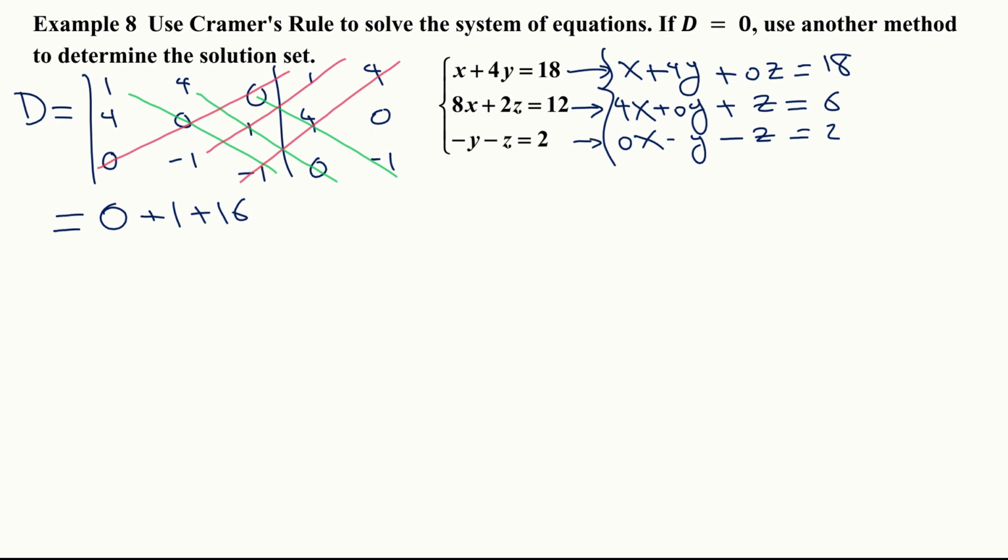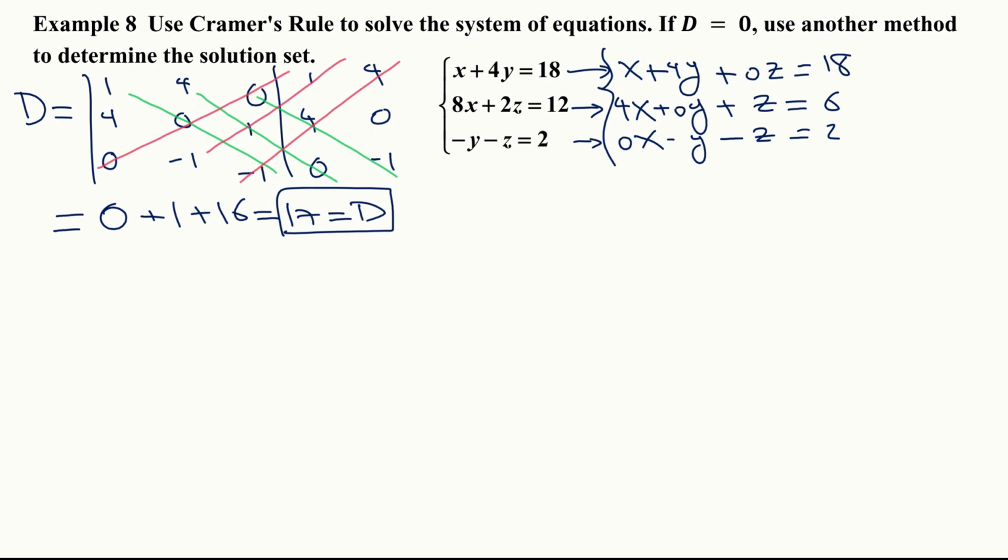And that's it, right? We didn't miss any, guys, right? So we got this one. We got that one. This was 0. Yeah, we should be good to go. All right, so that's going to be 17. That's our capital D.